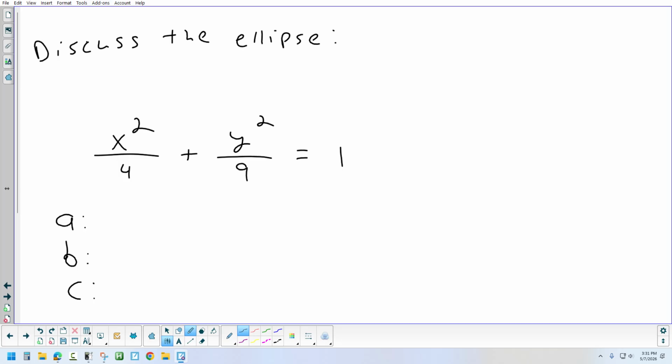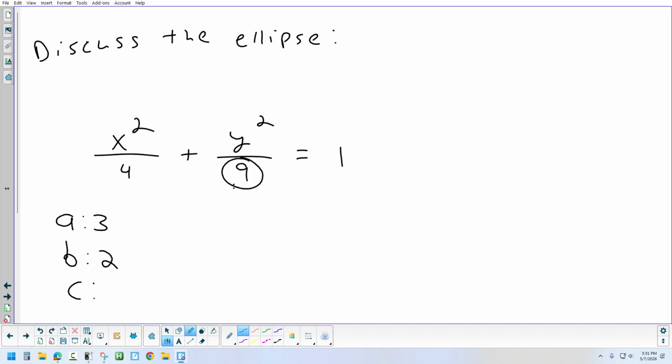Right, you always look for the larger number. So this has something to do with A, but what do we have to do to that number to make it A? Take the square root of it. So A is 3. How about B? B is 2. Yep, it's always the square root of the smaller number.